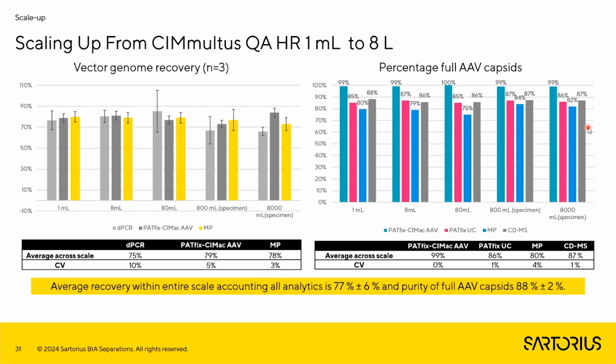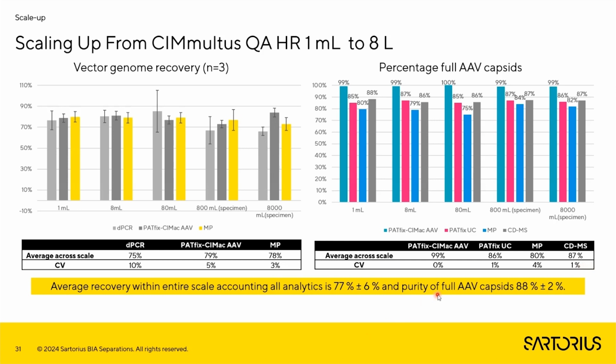But the other 3 analytics show basically the same values, no matter the scale. We have around 86 to 87 for the PETFIX, ultracentrifuge and CDMS, and slightly lower numbers for the mass photometer, with their respective CVs.